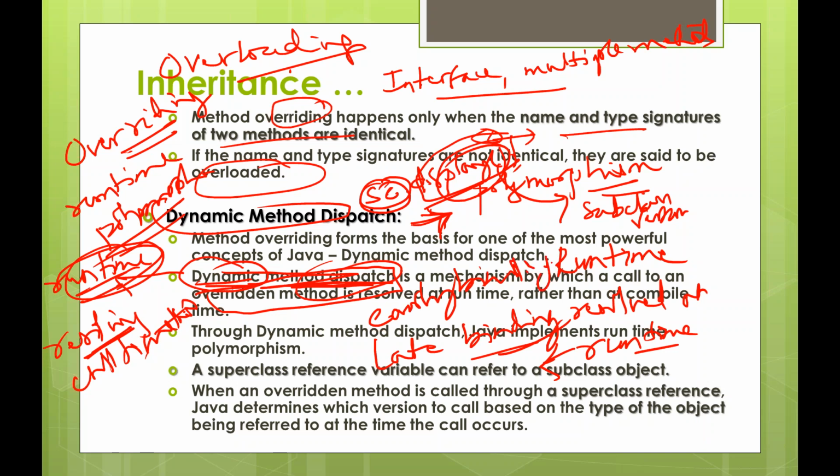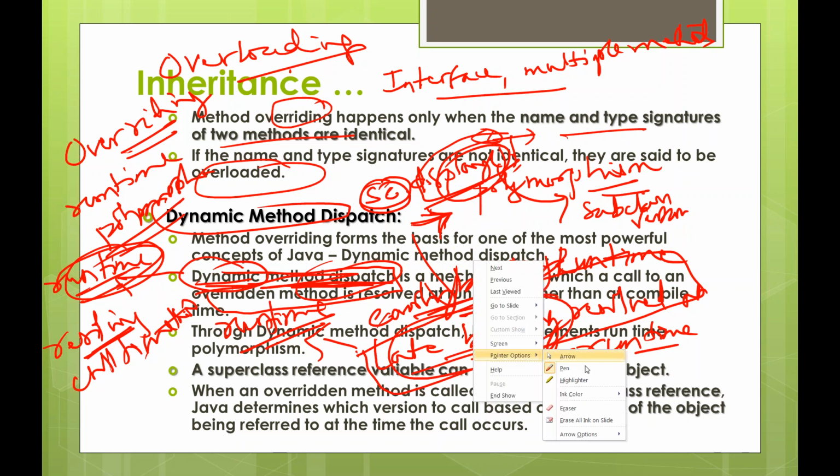We will see what early binding is and when it happens. But Java resolves all your methods at runtime, and that is why it is called late binding. Late binding is nothing but methods being dispatched during runtime. Even with inheritance, the same thing happens.